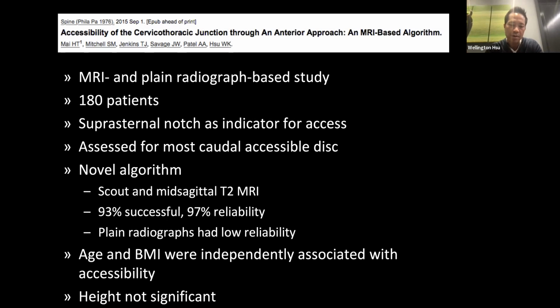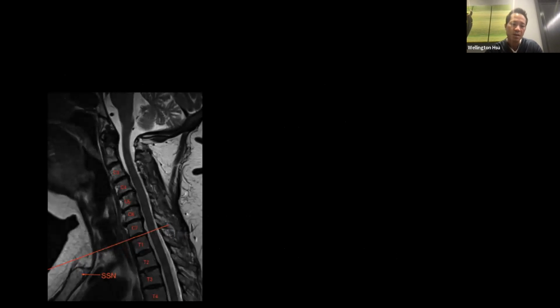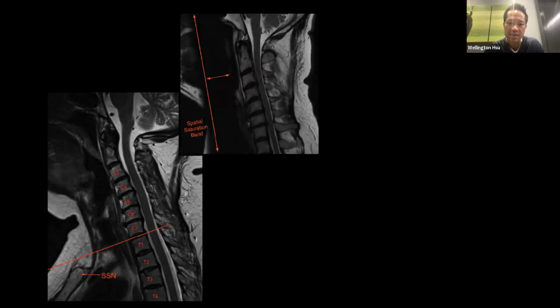So we went through this novel algorithm using the scout film of a T2 MRI and determined that this was the most successful way to determine what the lowest level of disc was accessible from the anterior cervical region. So this is a great example of an MRI that does not have a saturation band, where you can see the suprasternal notch and you can see where the C7-T1 disc is.